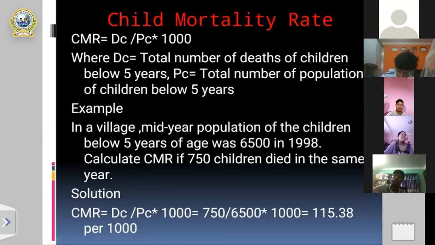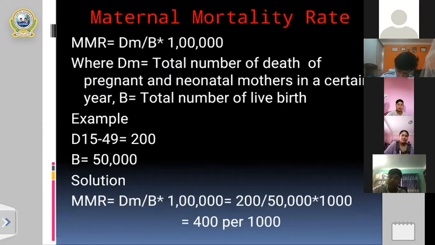Okay, after that, my dear student, the last way to calculate the mortality rate, as I told you in the second slide, where the different ways to calculate mortality rates are mentioned. The last one is the measurement of maternal mortality rate.